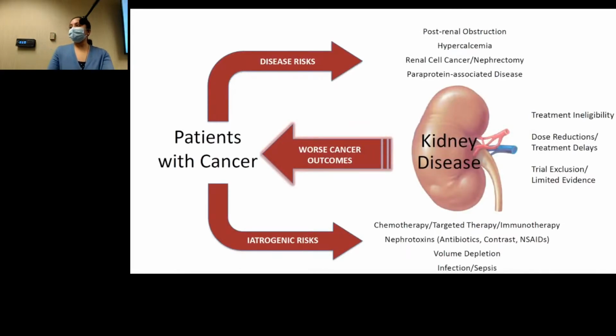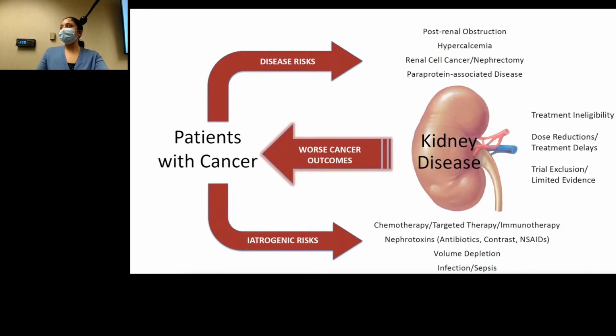So this picture tells us what the certain risks of AKI are in these patients. Some can be iatrogenic risks, like chemotherapy-induced nephrotoxins and volume depletion, and some disease-associated risks, such as post-renal obstruction and hypercalcemia. In the end, any type of kidney disease in these patients is going to have worse outcomes on their cancer treatment.